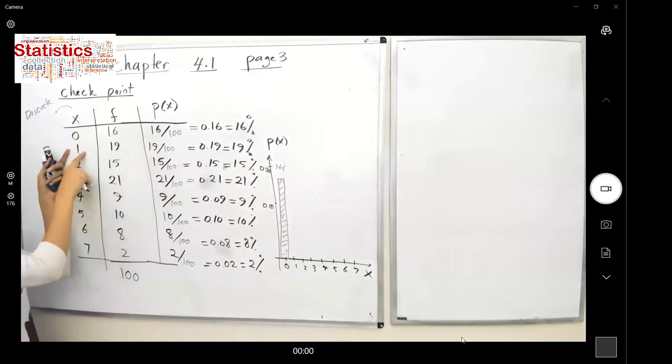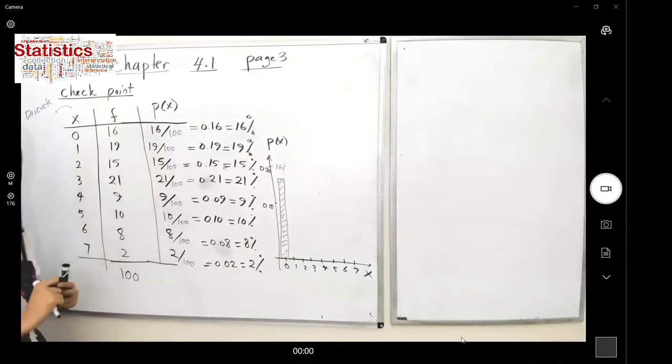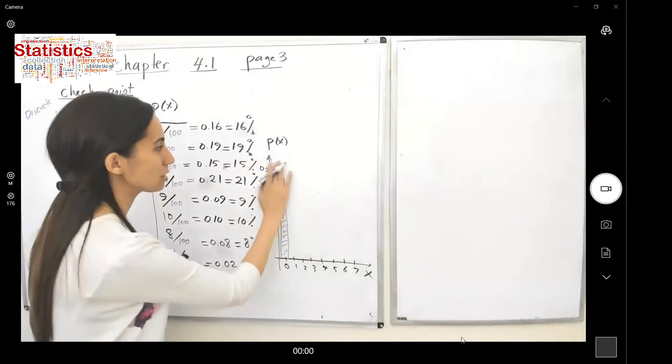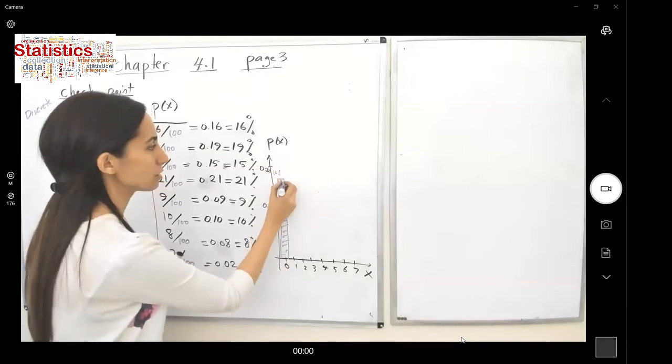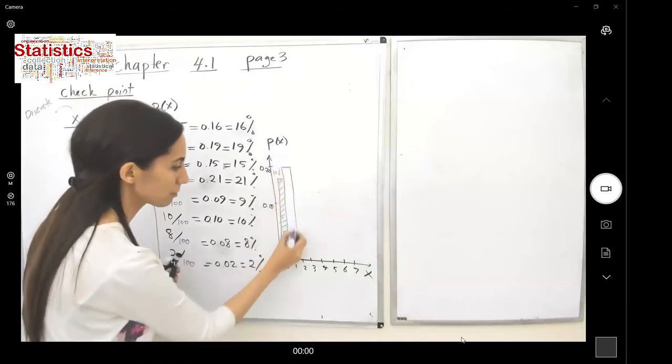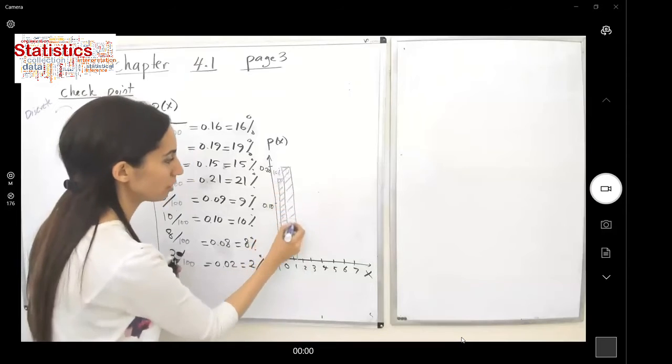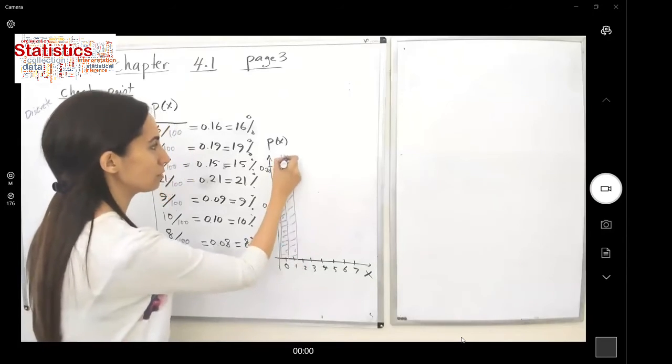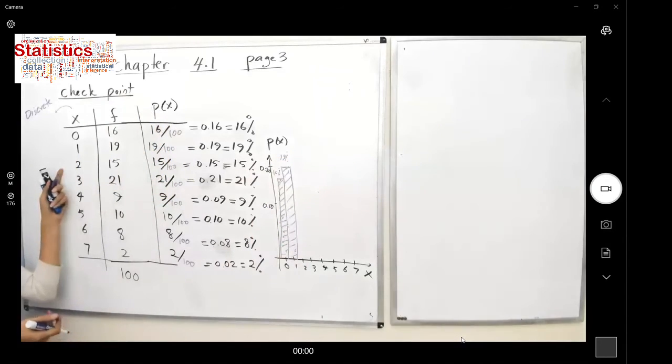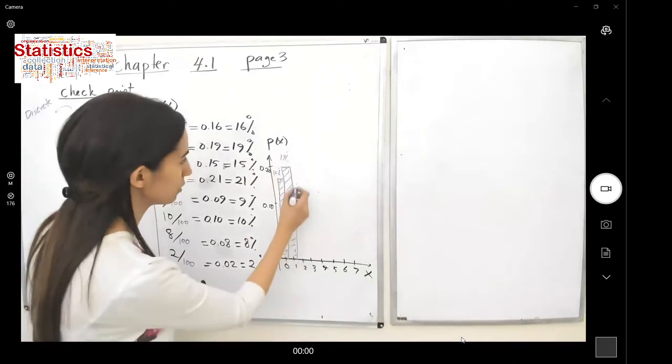The probability of one sale is 19%. Okay, 19%. So let me write 16% here. 19%. This is your second bar. The probability that that person sold 2 items is actually 15%.